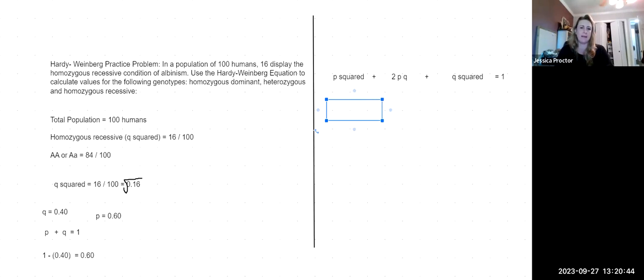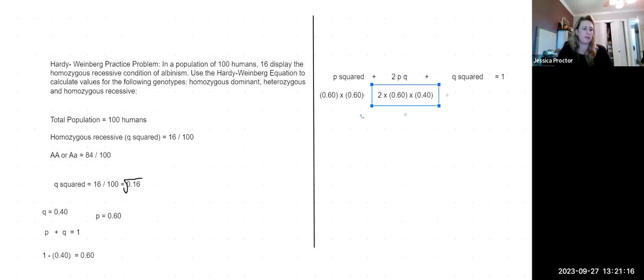When I say plug it in, I just mean we're plugging in the values of P and Q wherever we see those variables. So P squared is 0.60 multiplied by 0.60. The middle part is 2 multiplied by the value of P, 0.60, multiplied by the value of Q, 0.40.